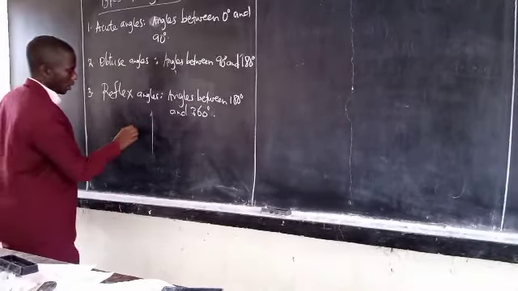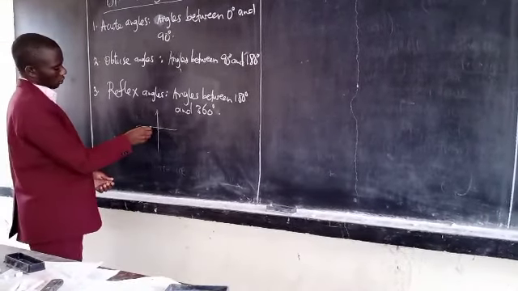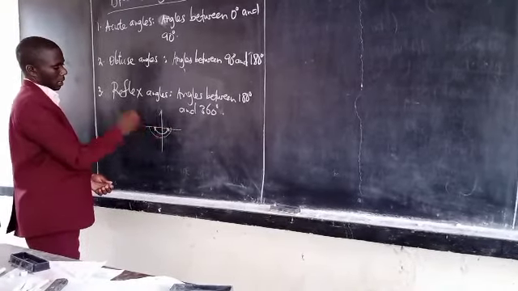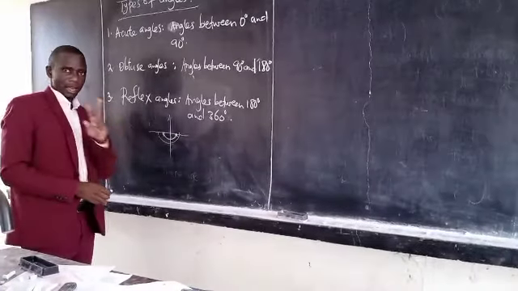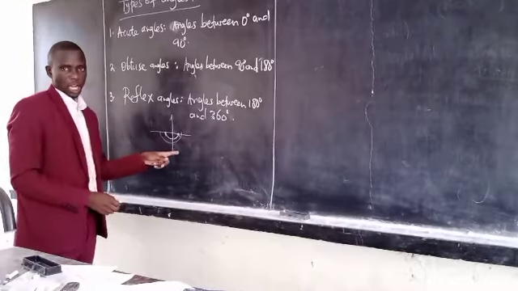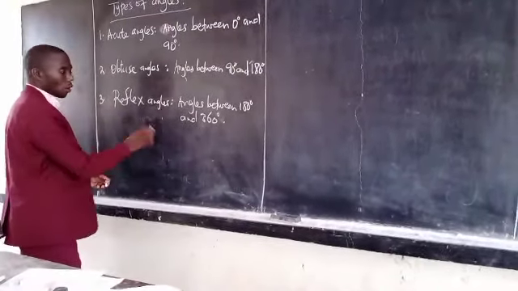If you try to represent them, you'll find those angles are in this region, between 180 and 360 degrees. And those angles lie in two quadrants, the third quadrant and the fourth quadrant. Those are our types of angles.